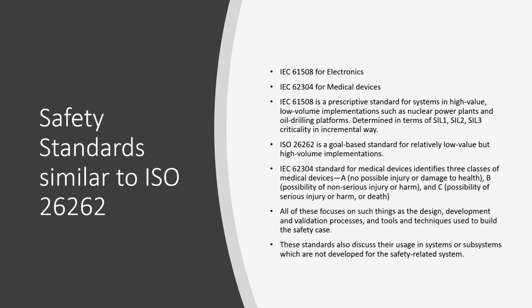For example, if something involves a laser which may damage organs, that may be termed as C. It may cause a serious injury or harm, or sometimes seizures. So based on this, we have a similar set of standards.